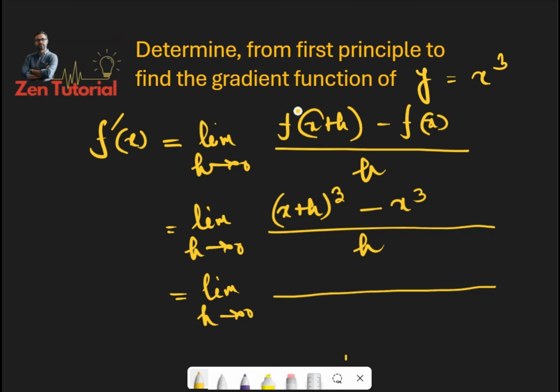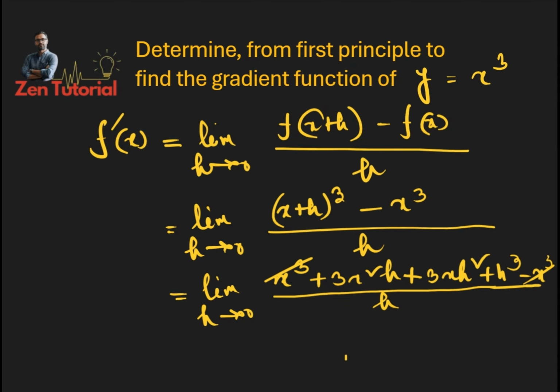So let's simplify. x plus h whole cube, basic algebra: x cube plus 3 x square h plus 3 x h square plus h cube minus x cube. So x cube cancels out.